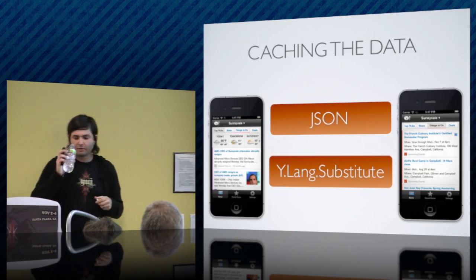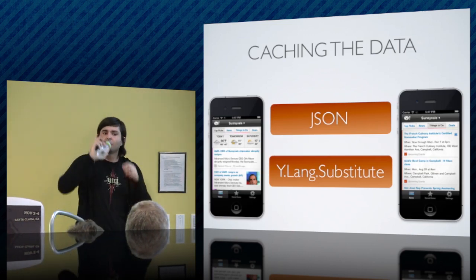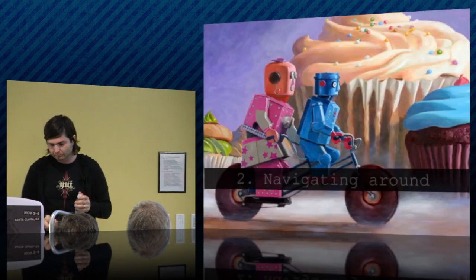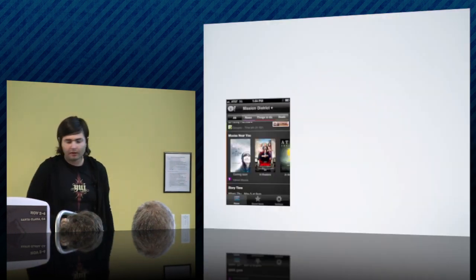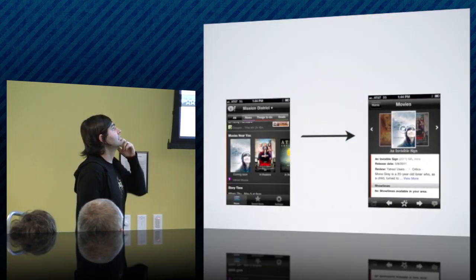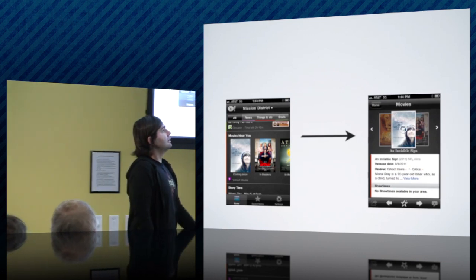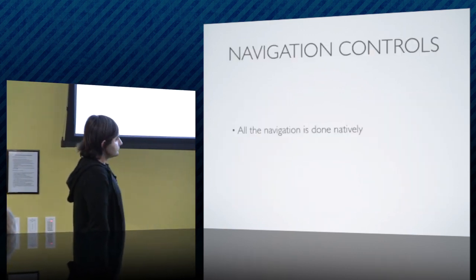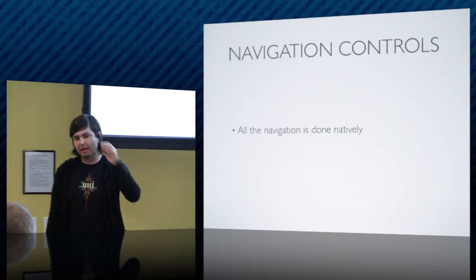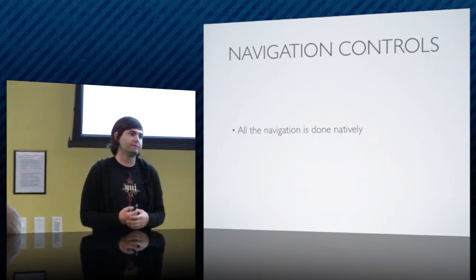The next one we're going to talk about is navigating. So how do we move around the app? How do we do things like this? How do we go from one point to the other? Again, all the navigation is done using native.